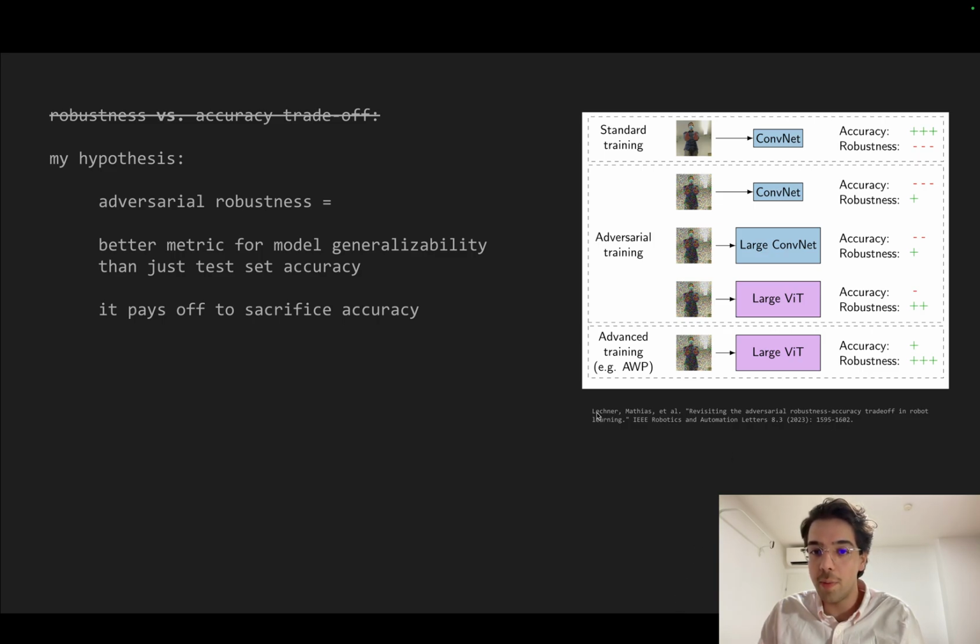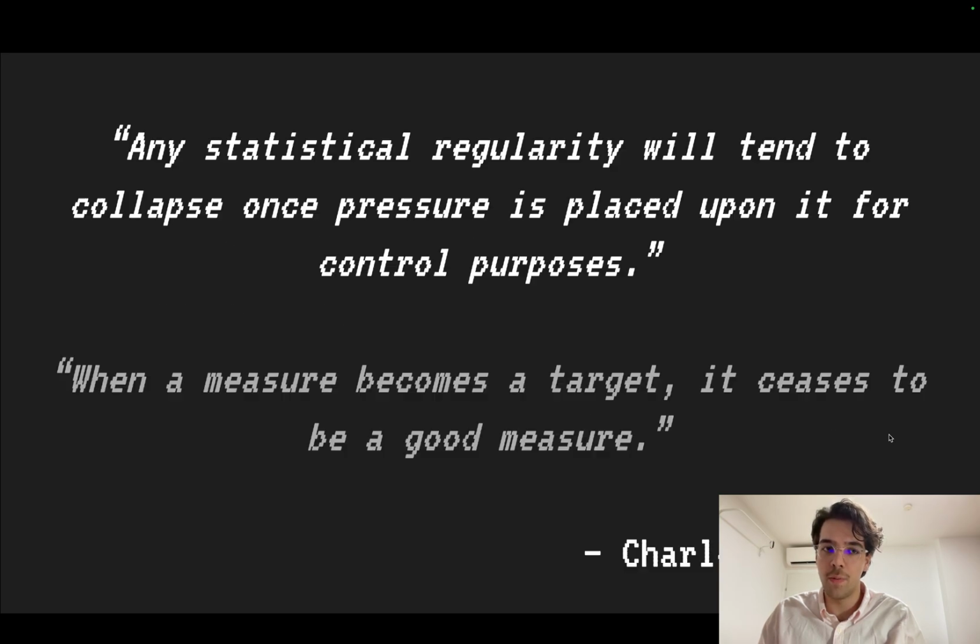Here we have a paper by Matthias Lechner from ISTA, and he figured out that for a specific configuration you can both increase accuracy and adversarial robustness at once without having to sacrifice anything. This is a really exciting field, and I really hope that in a not so distant future we can find more realistic metrics for how we measure our models' performance.